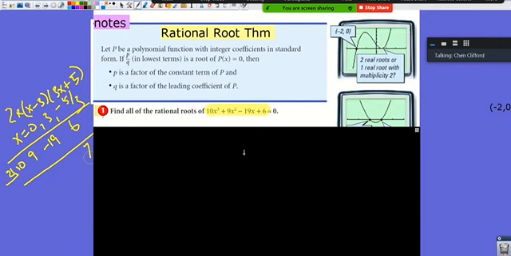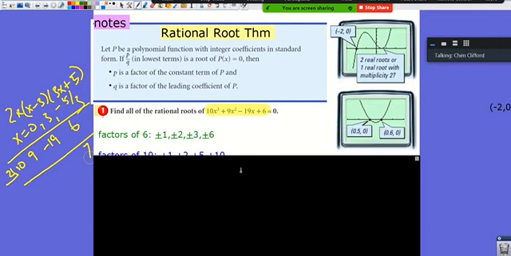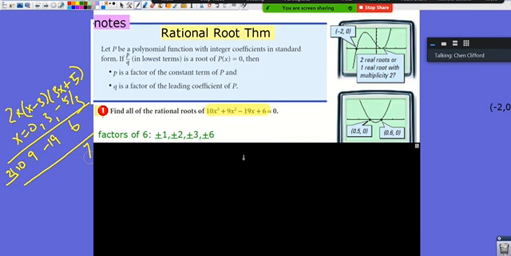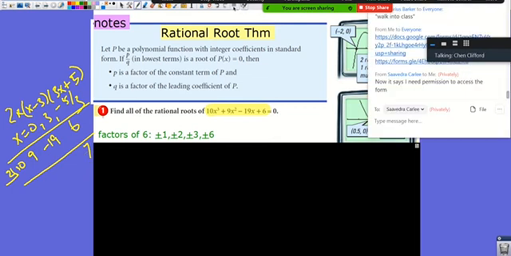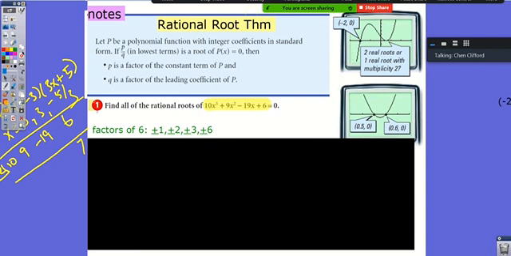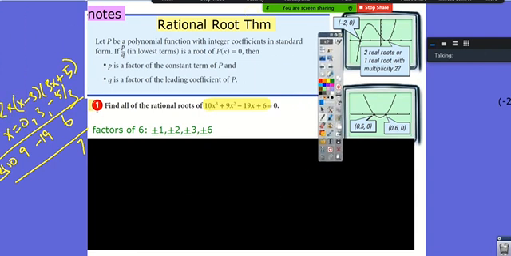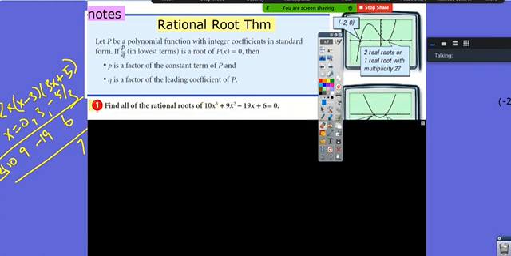So let me show you guys this. Let me dock this to the left. Now let's say you have this. You're going to pay attention to this 6 first.